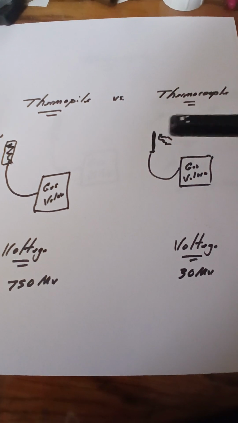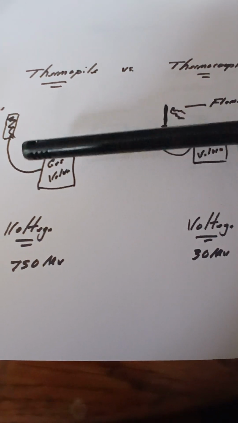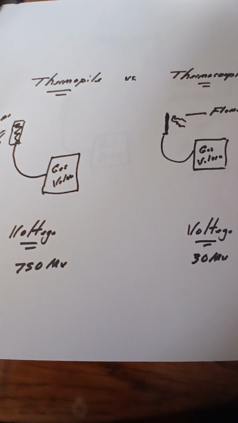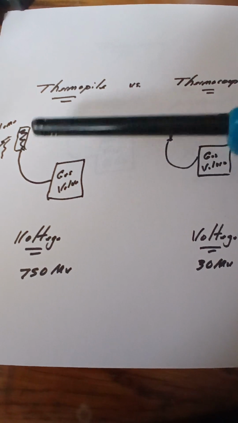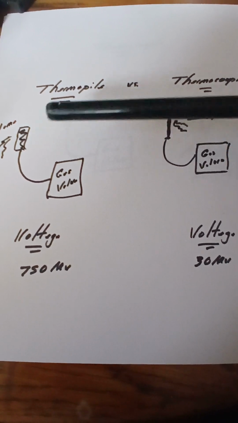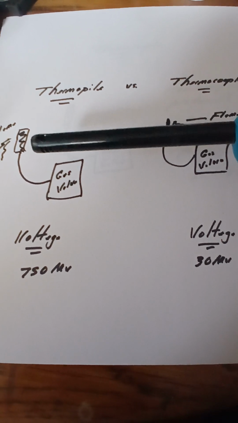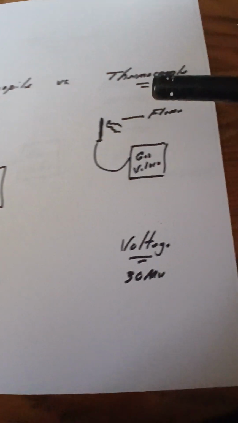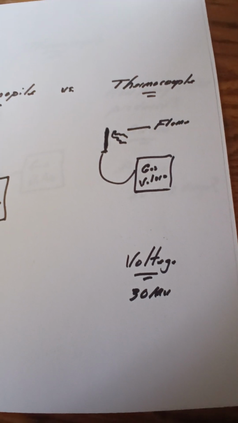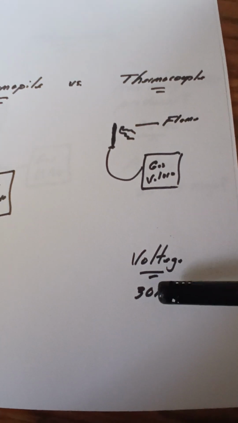So basically, the theory is the same in my opinion, but the thermopile, pile, just think of a big pile that goes high in the sky, like a big mound of dirt, a pile of dirt, which would be larger. This heats this up, and this gives us 750. The thermocouple, notice the last words on these. You got thermocouple, skinnier on the end, creates 30 millivolts.